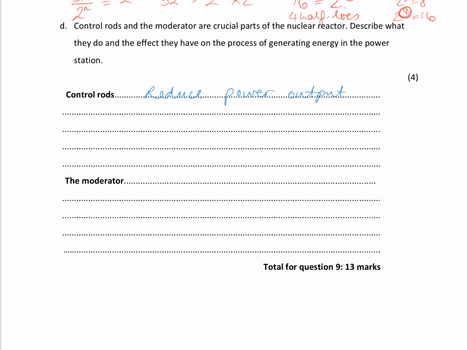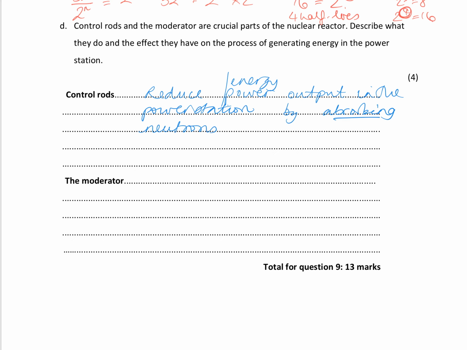The key point about the control rods is that they are there in order to reduce the power or energy output in the power station by absorbing neutrons. They literally take neutrons.